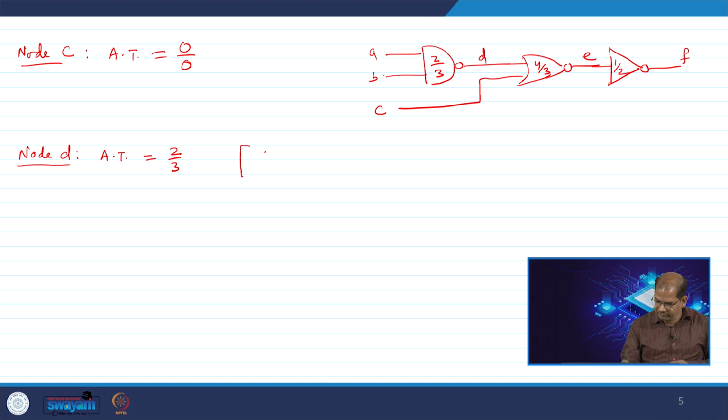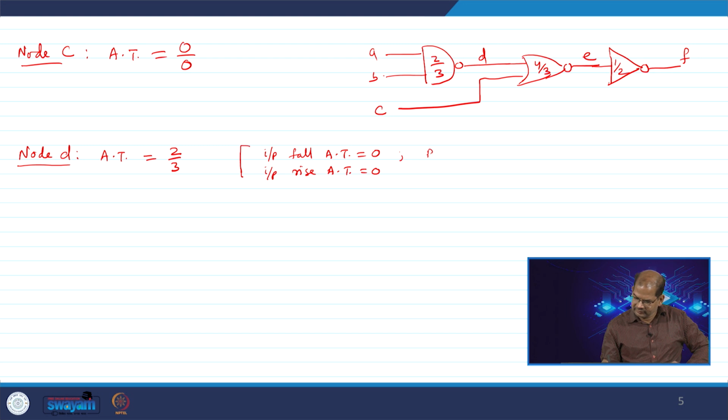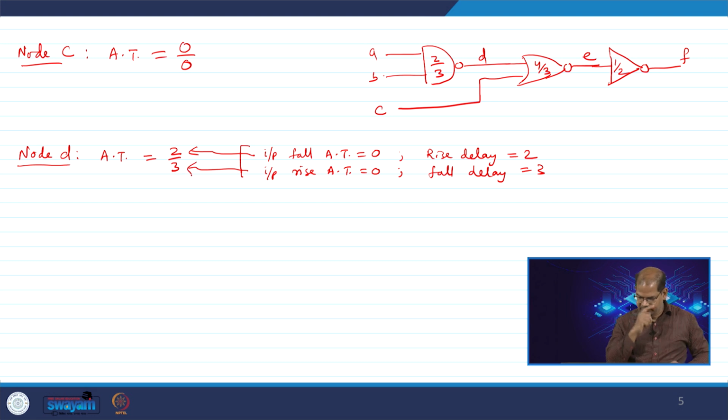Basically, the input fall arrival time is 0, input rise arrival time is 0, then the rise delay is 2, and the fall delay is 3. So, these two will be added up to give me this one.